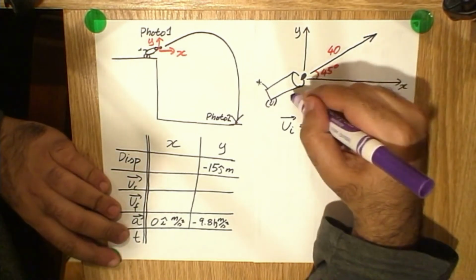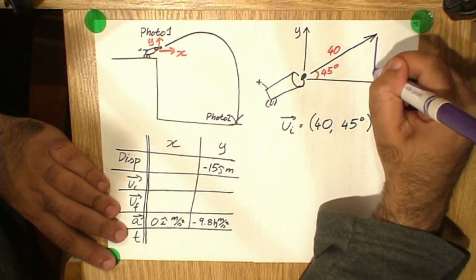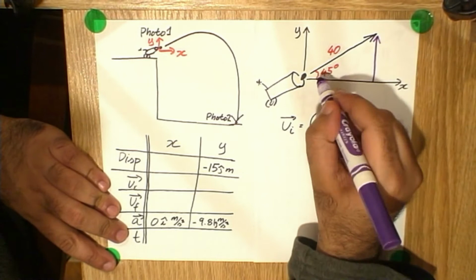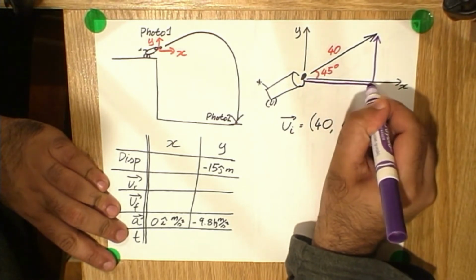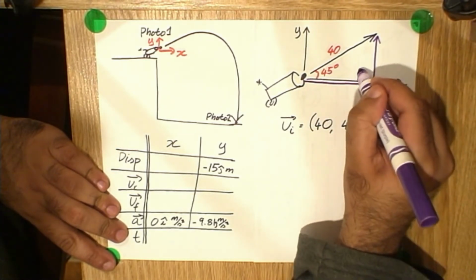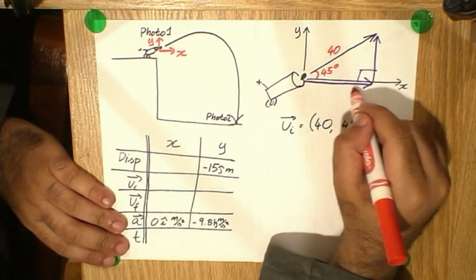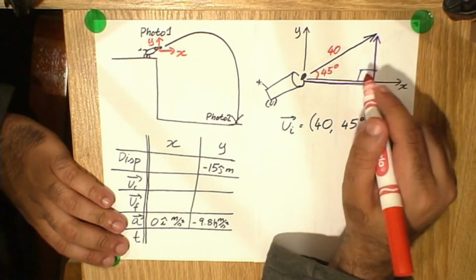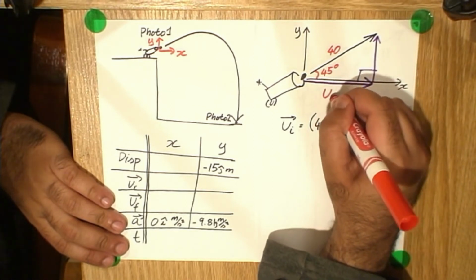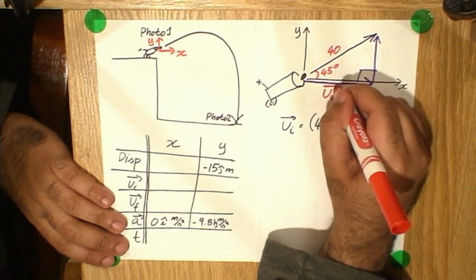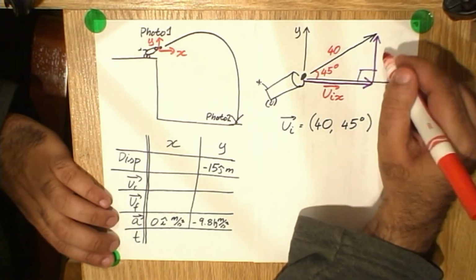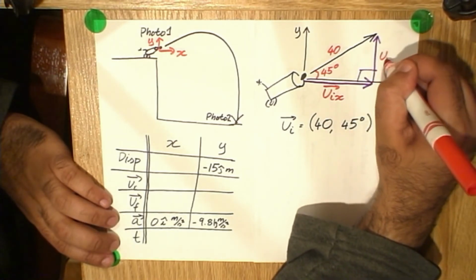I'm going to complete this right triangle. This side over here, the horizontal side, is the x component of v initial, and this side over here is the y component.